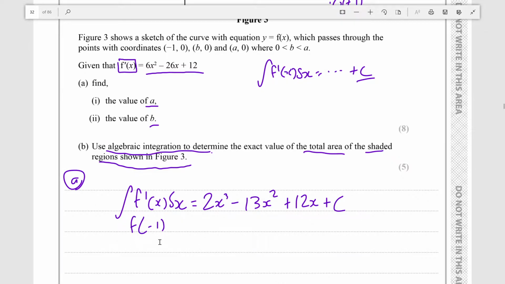f(-1) is equal to 0, which is equal to 2 times -1 cubed, so minus 2, and then minus 13 times -1 squared, which is positive 1, so still minus 13, and then plus 12x, where x is -1, so it's minus 12, and then plus c. If you solve this equation for c, since it's just 0 is minus 27 plus c, you will find that c is equal to 27.